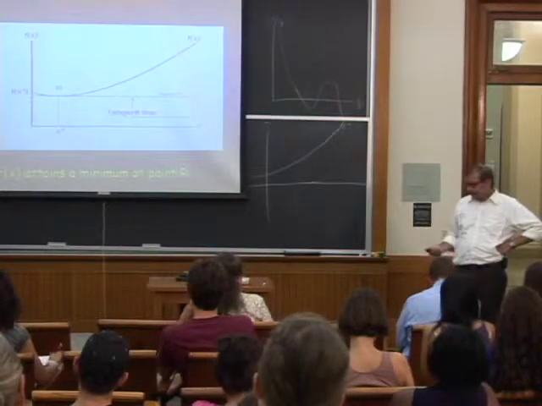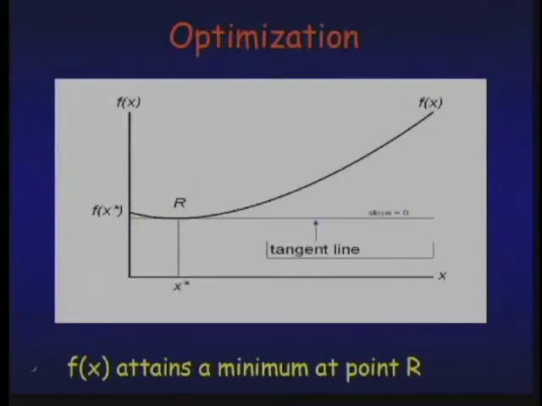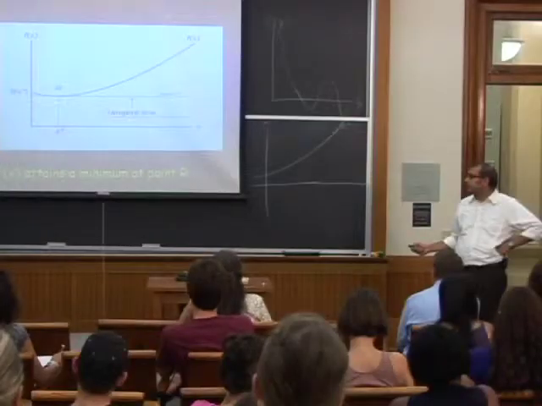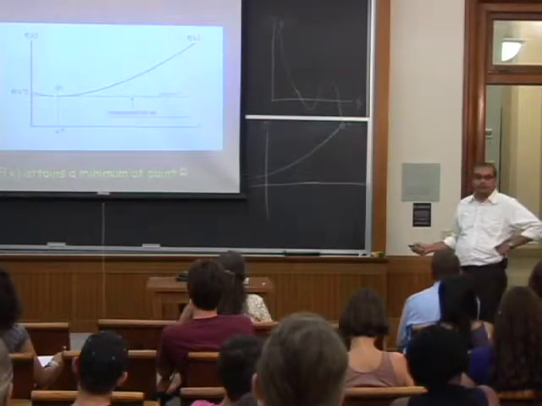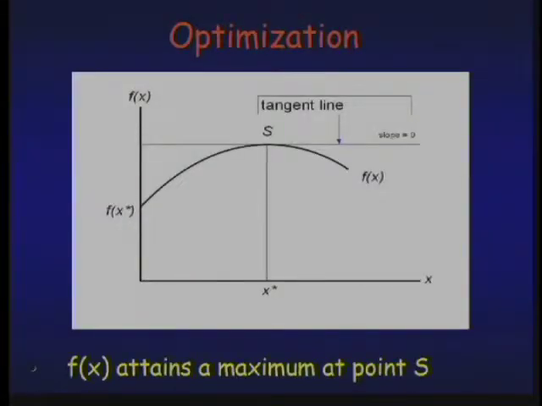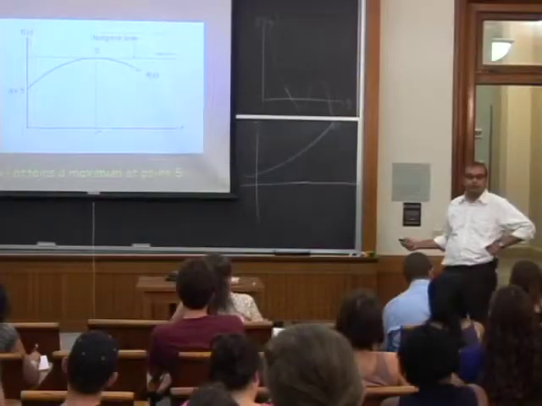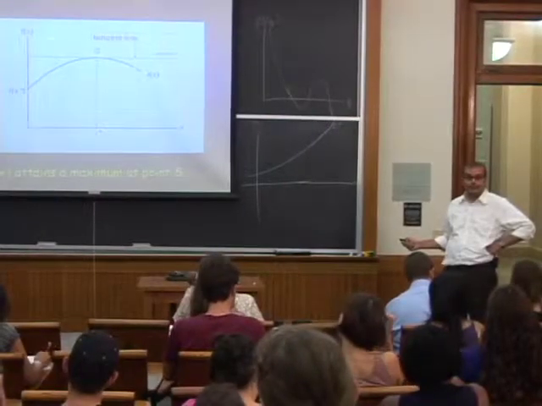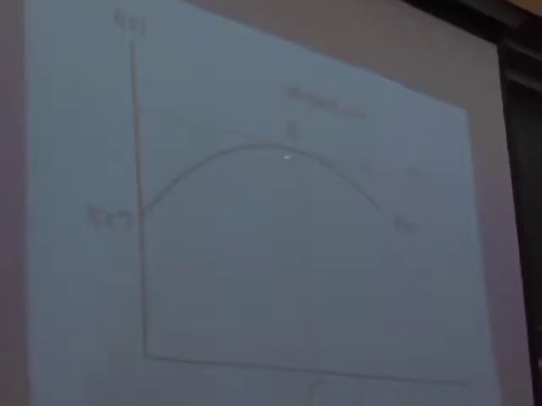It turns out, of course, that if you have a convex function and its derivative is equal to 0, then you're likely to be attaining a minimum. If you have a concave function and its derivative is equal to 0, or the slope is flat, then you're at a maximum.